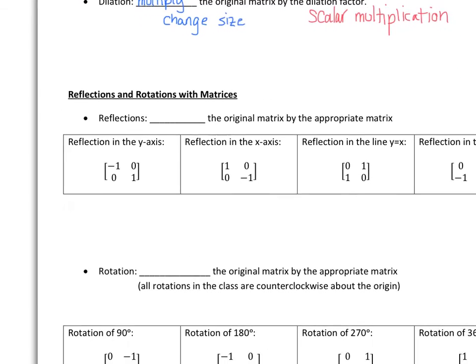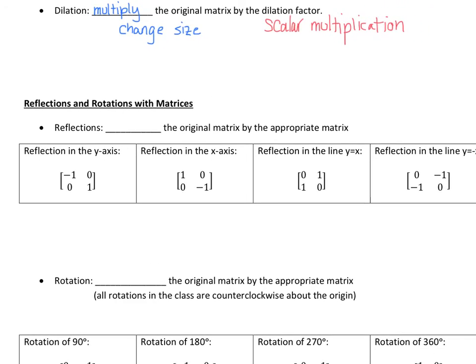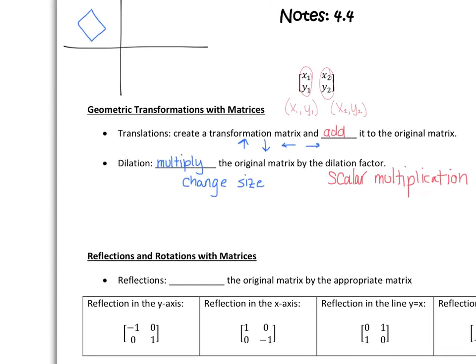The next thing is a reflection. So this is what Kobe was talking about earlier. We can reflect it over the y-axis, which means we take this shape and we flip it over here. Over the x-axis, we'd flip it down. And it's not just moving it, it's actually flipping it.